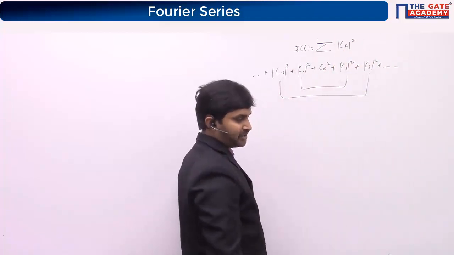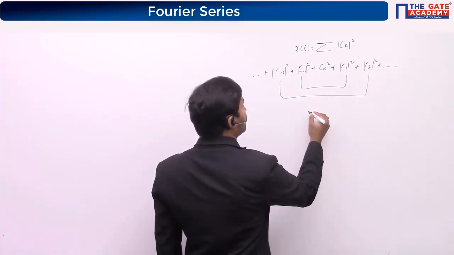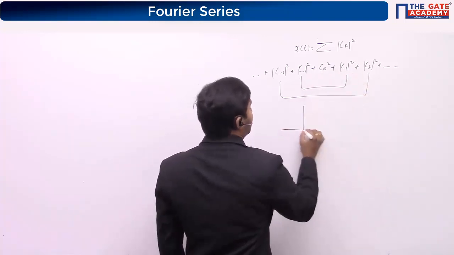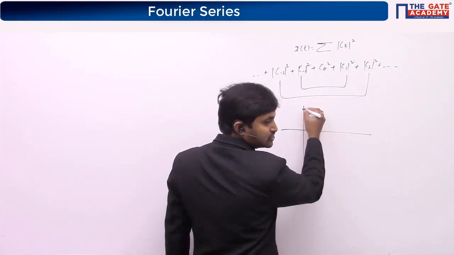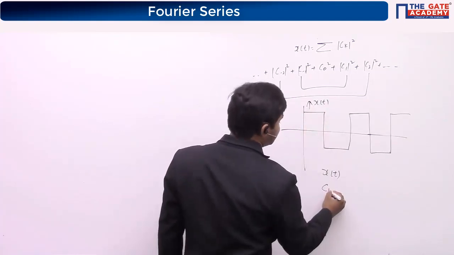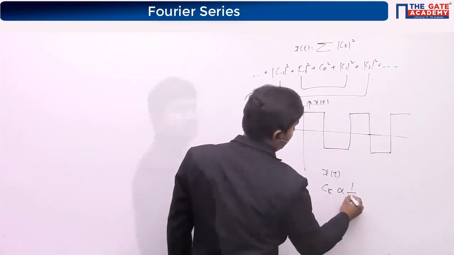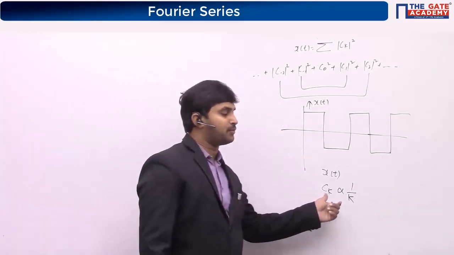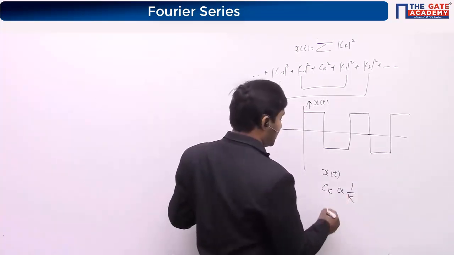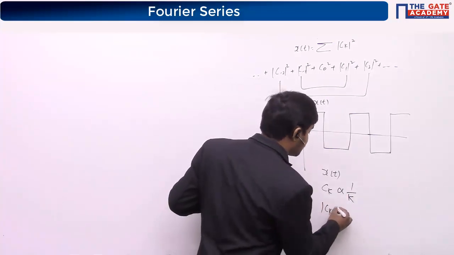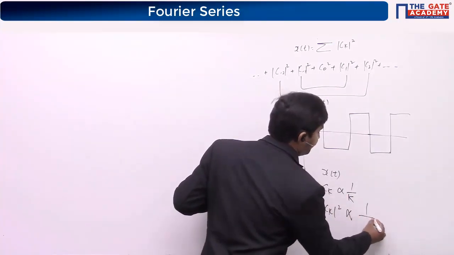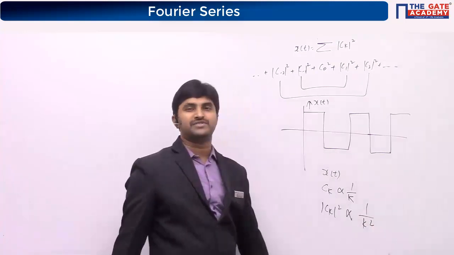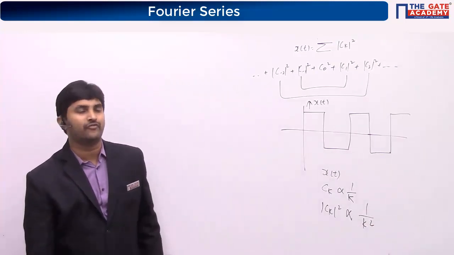Doesn't matter, right? So one more thing that I know is that whenever I am having a square function, we know that ck is proportional to 1 by k. Then mod of ck square will be proportional to 1 by k square.